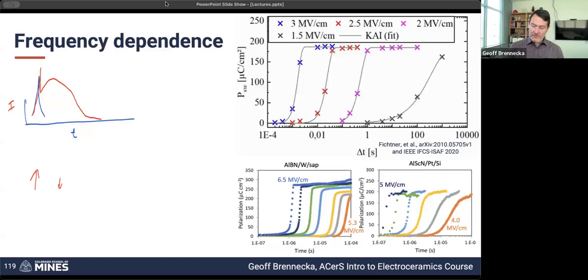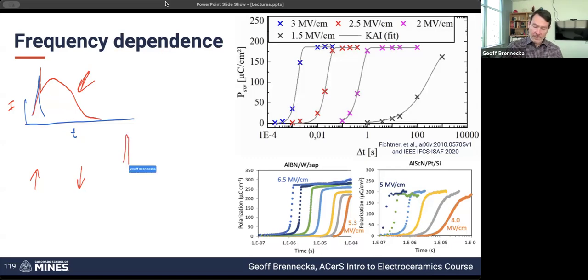That very first time that you apply a voltage to it, you're going to see something like that behavior where you see a large current pulse. The second time, now the sample is poled down. And if you apply another voltage pulse that's in the same direction as the one you just applied, there's nothing left to switch.